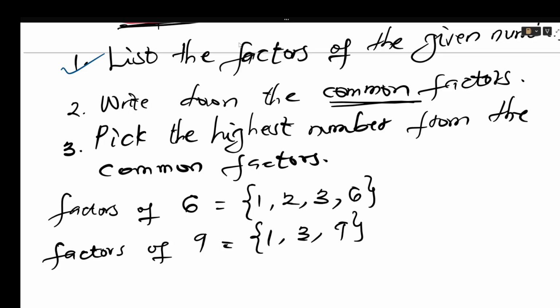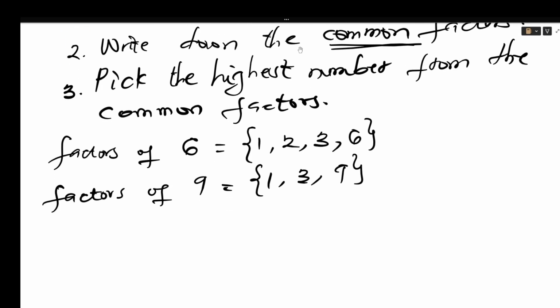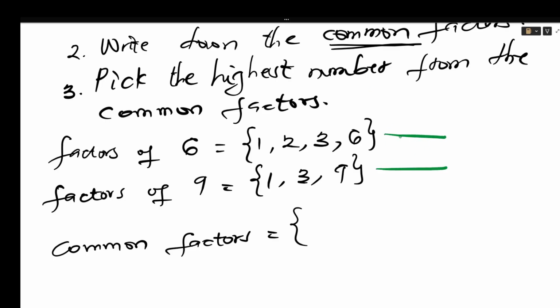Now the second step says we should write down the common factors. Out of these two lists of factors, what numbers do we find here and also find here?